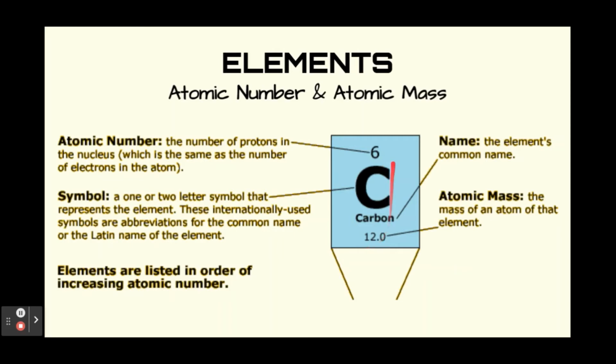So 12 minus 6. With that being said, it's not actually 12.0. This actually is 12.001. And the reason that 001 comes in is because the electron has such a very small mass that sometimes we just round it.